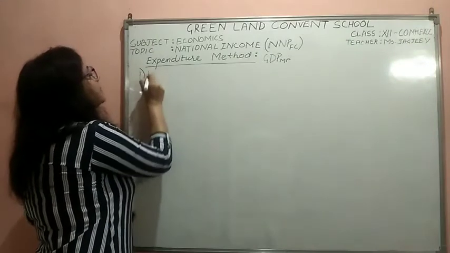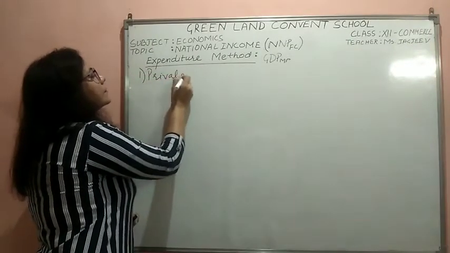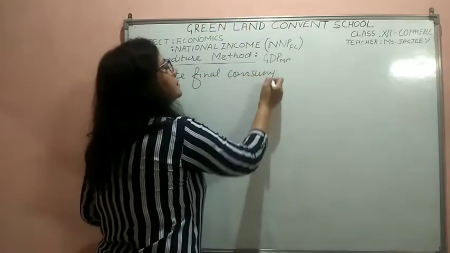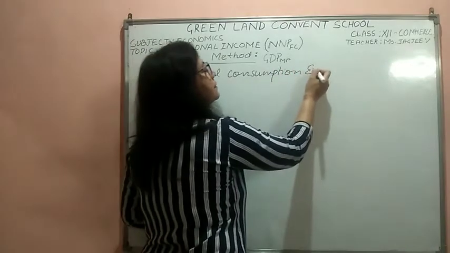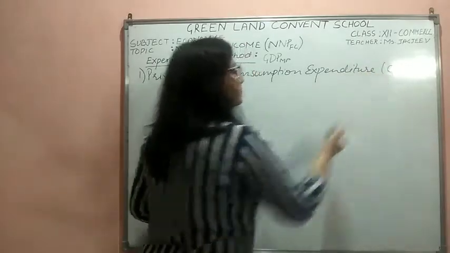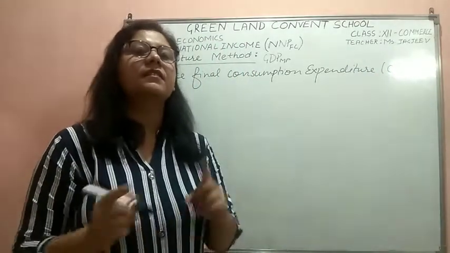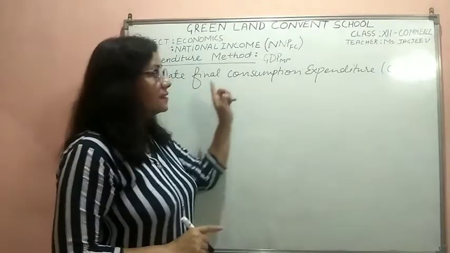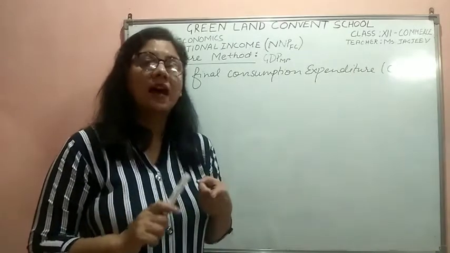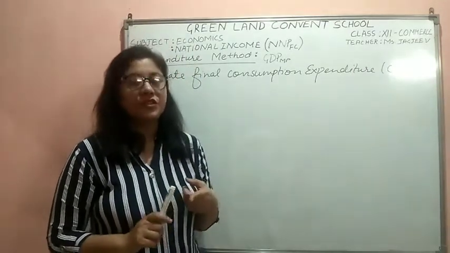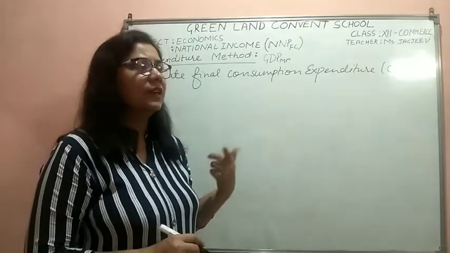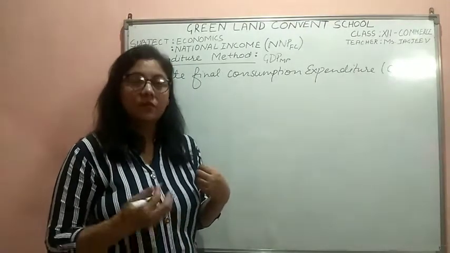First is private final consumption expenditure, termed as C. Private final consumption expenditure is the consumption expenditure done by the households and non-profit institutions on their private consumption, like we are consuming food.